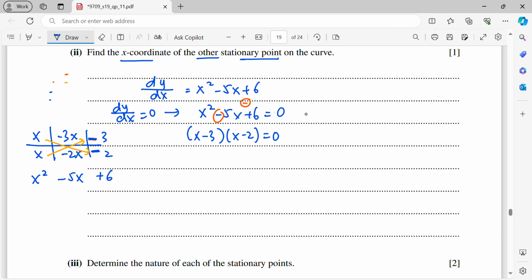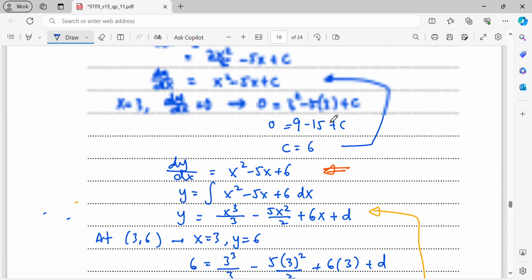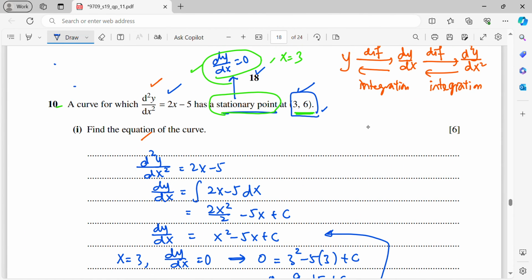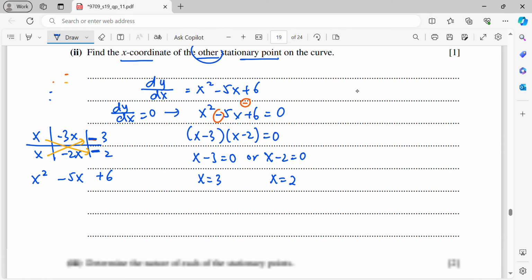One of them must be 0 because the product equals 0. Therefore, x equals 3 or x equals 2. Now, I need to find another stationary point, which means you look at the given stationary point with x coordinate of 3. Therefore, my other stationary point must have x equals 2.